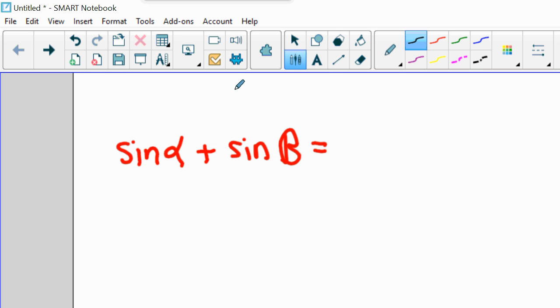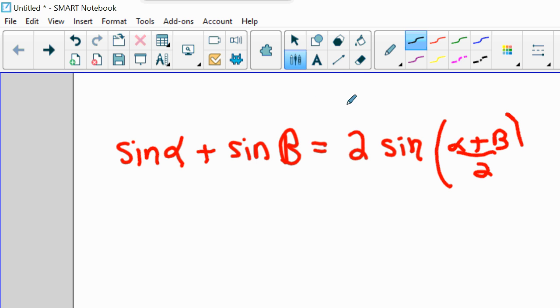But if you'd like to make it look prettier and perhaps find x-intercepts, you have to learn that it's 2 sine alpha plus beta over 2 cosine alpha minus beta over 2. And the proof is actually fairly easy.